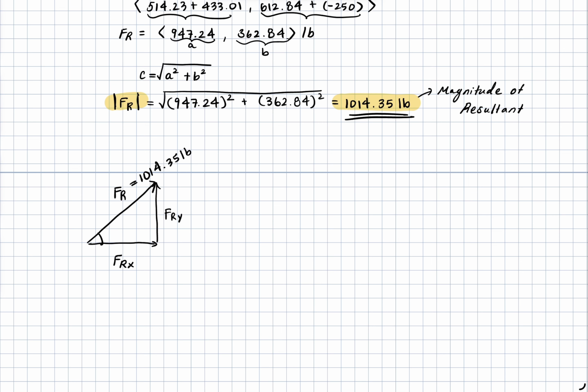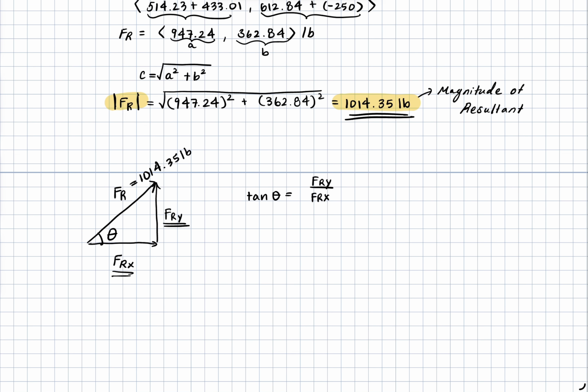We need to find this angle theta. And to do so, what we can do is take the tangent. So tangent is opposite over adjacent. So tan theta equals FRy, which is opposite, over FRx, which is adjacent to the angle.